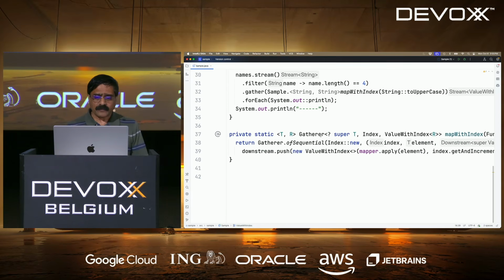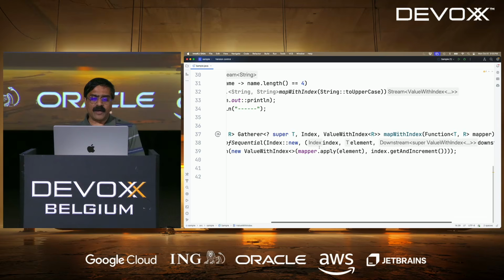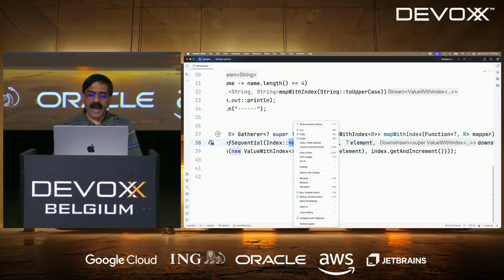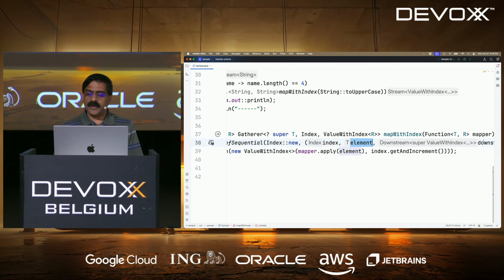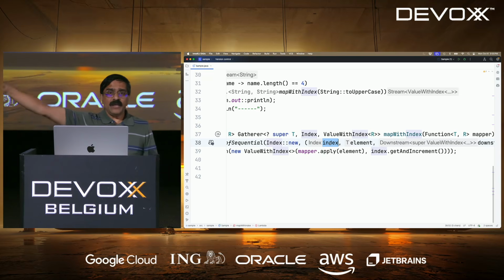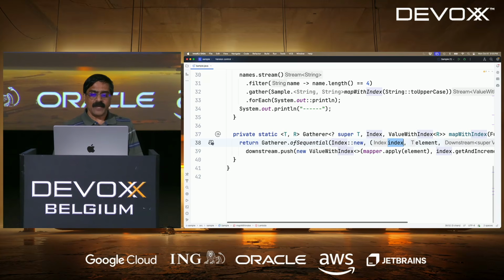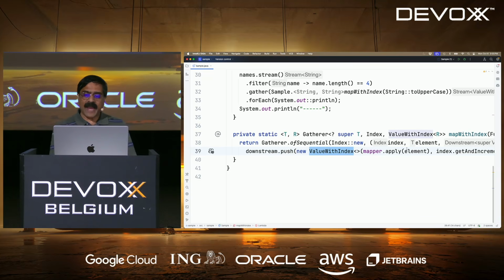So back here, what does the stage do? The stage basically says, I'm going to come in here and take an initial data, and when the stage is ready to run, it gives you the element for that stage, it gives you the downstream reference, but also hands off a reference to its internal state, which is the index. What are you doing? You are saying, all right, thank you for that. I will take the data, I will push that to the downstream as a value with index, where I will take the data, transform it into this using the mapper, send that to the value with index.